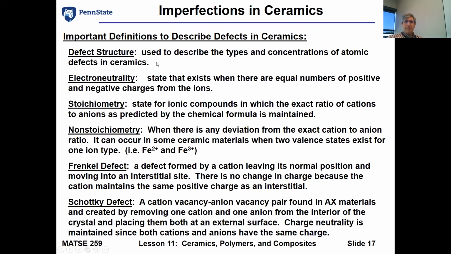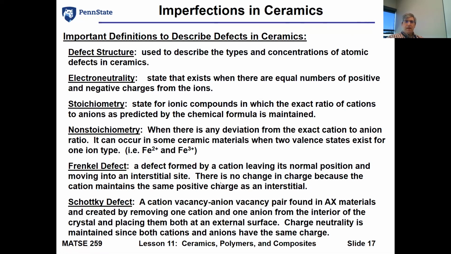We can have these point defects with these defect structures, but there are two primary types of defects in ceramics we're going to concentrate on here: a Frenkel and a Schottky defect. In both cases, they maintain electroneutrality, so there's no change in charge, no charge added or taken away.